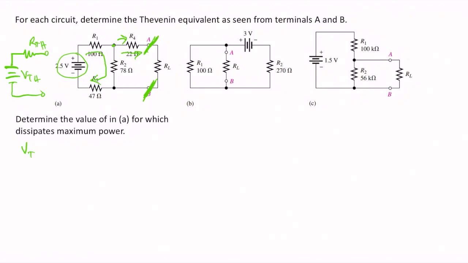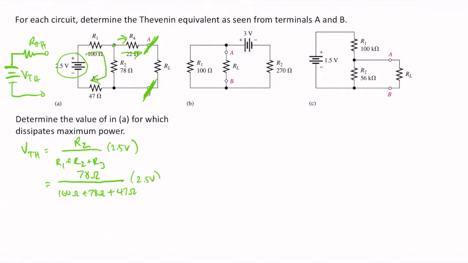So the Thevenin voltage is simply equal to R2 over R1 plus R2 plus R3 times 2.5 volts, which is then equal to 78 ohms divided by 100 ohms plus 78 ohms plus 47 ohms, times 2.5 volts.